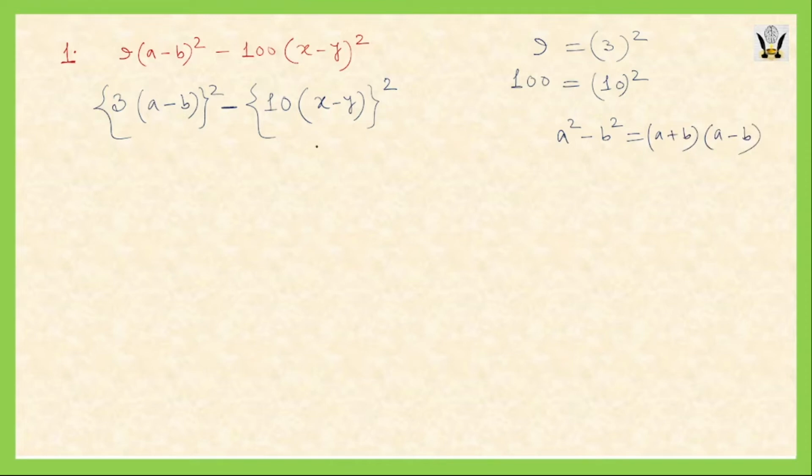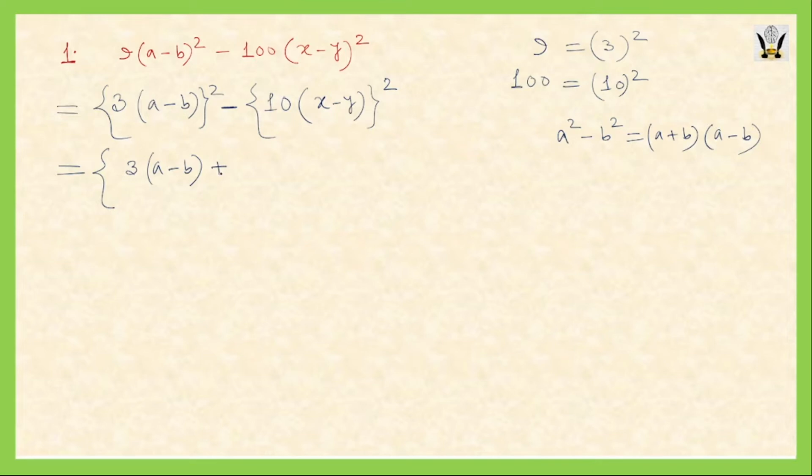If we go by this identity, then 3 multiplied by a minus b, the whole thing, can be taken as our a. So it will be 3 multiplied by a minus b, then plus b, where 10 multiplied by x minus y, this whole thing, is our b.